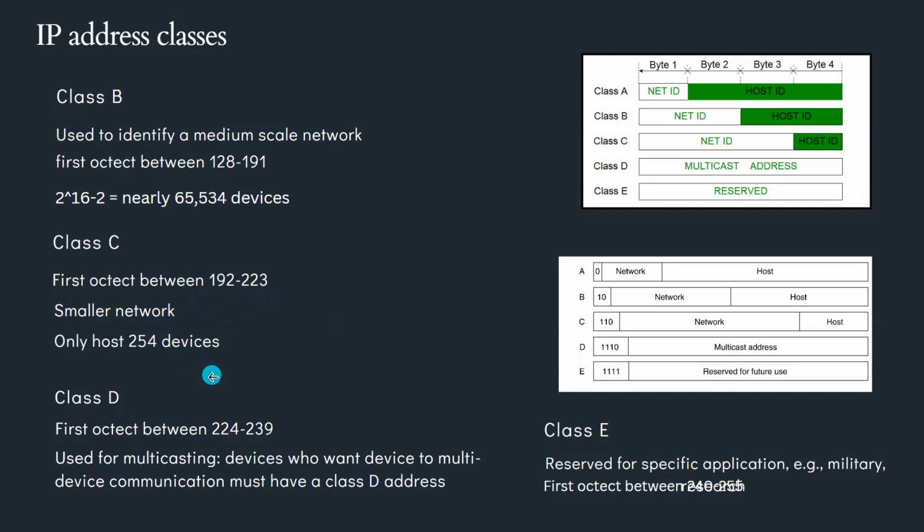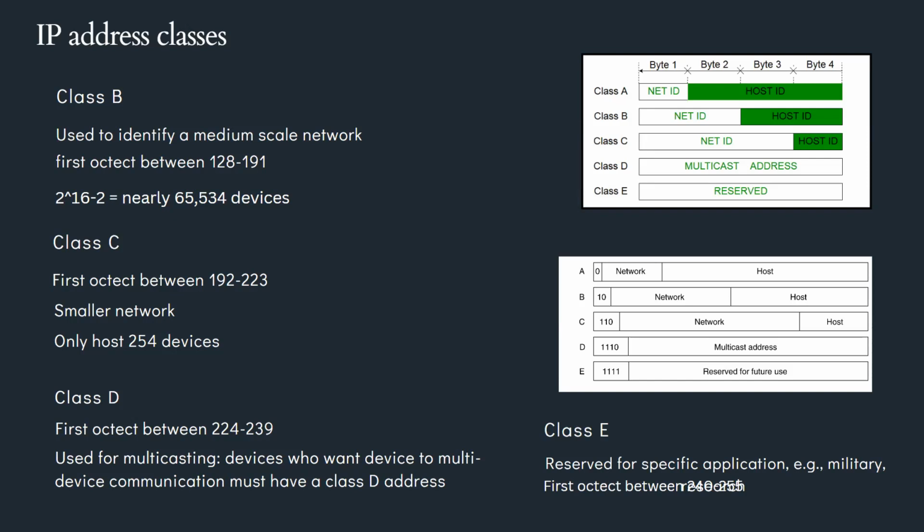And then when we take class D, the first octet will have a number between 224 and 239. It is used for multicasting purposes. The devices that want to send communication from one device to multiple devices must have a class D address, right?